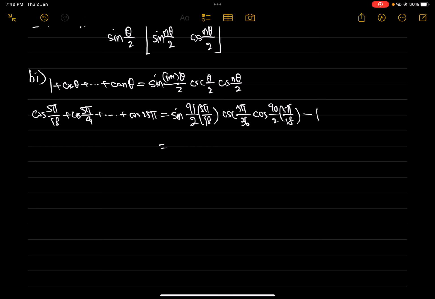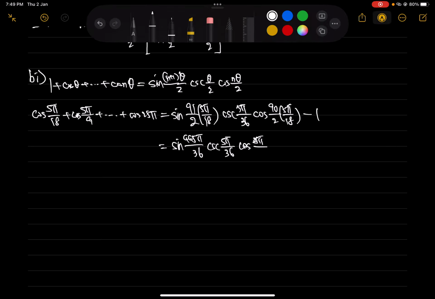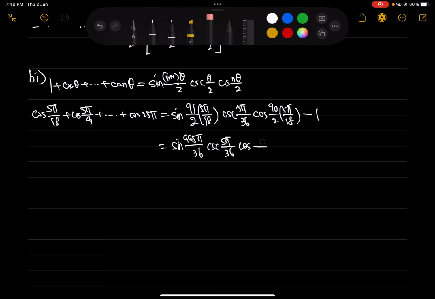Which means we have sine of 455π/36, cosecant 5π/36, and then cosine of that should be 25π/2, -1.